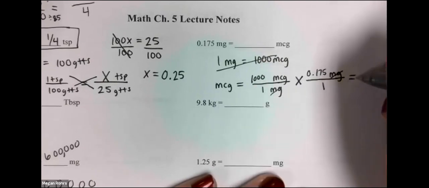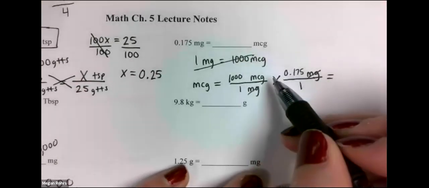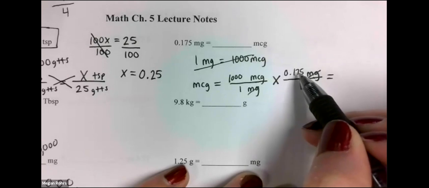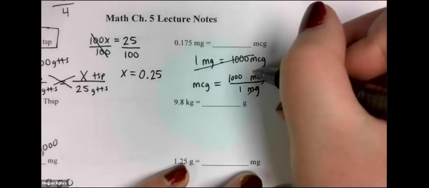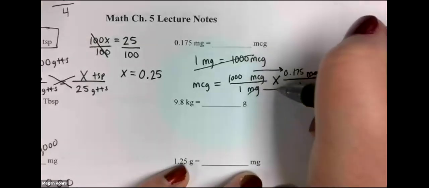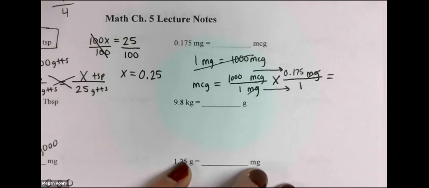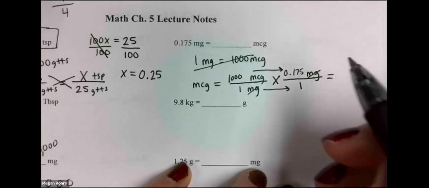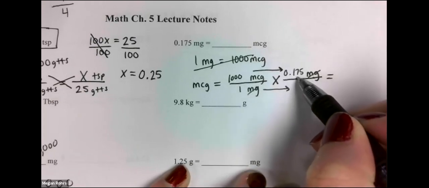So now we can just solve this here. So we have 1,000 times 0.175. So remember, when we're multiplying fractions, we're just going to multiply our numerators, multiply our denominators. So you can use your calculator if it helps you, or if you just look at your decimal points here, we're doing 1,000, so we have 3 zeros there, so we're going to be moving 3 places.